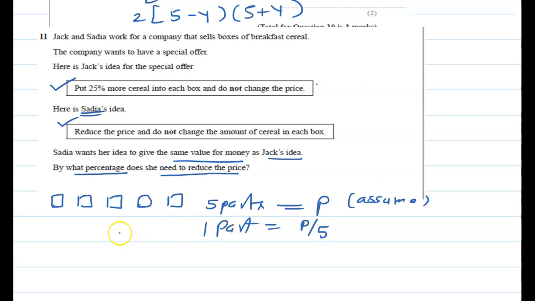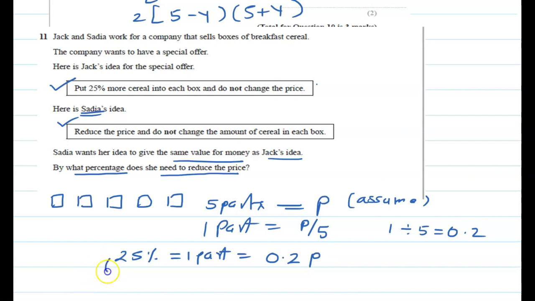So one part is 25%, because I have made it 5, since it is 125%, so 25% will be one part, and one part will be p over 5. So p over 5, you can write here 0.2p. 1 divided by 5 is 0.2p.